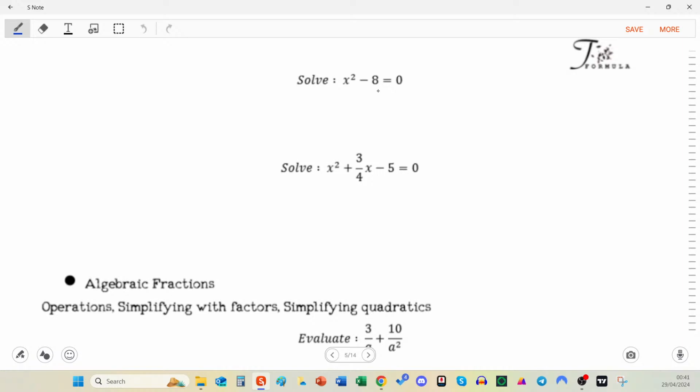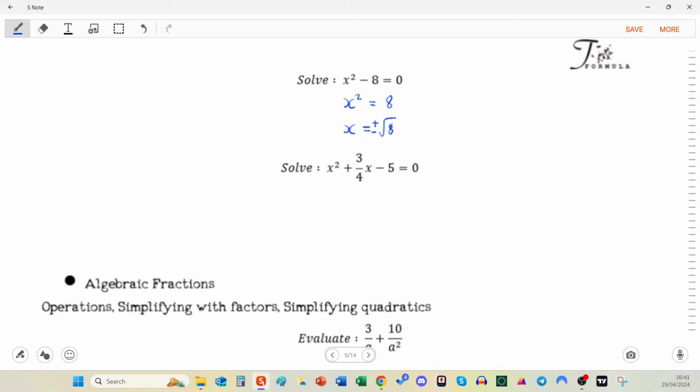So solve x squared minus 8. Well, what are you going to do? Going to move the 8 over. Like that. Is that what you would do? And then you'd square root. Now, depending on how you're going to do this, there's 2 possible solutions.